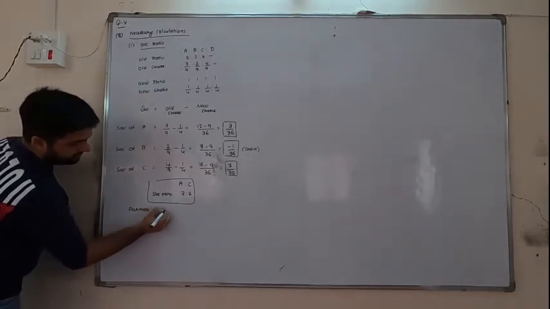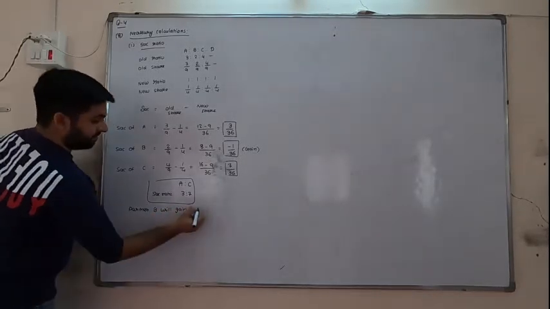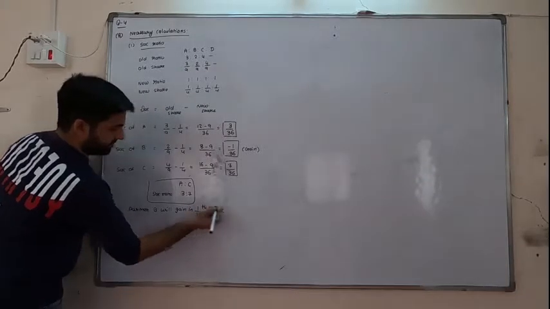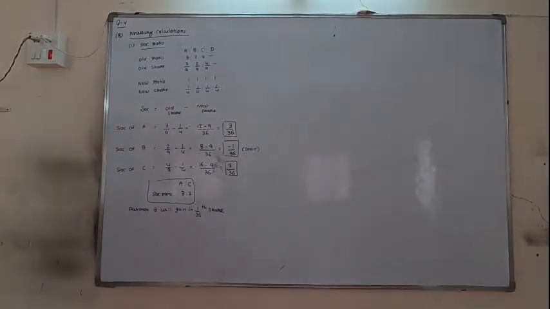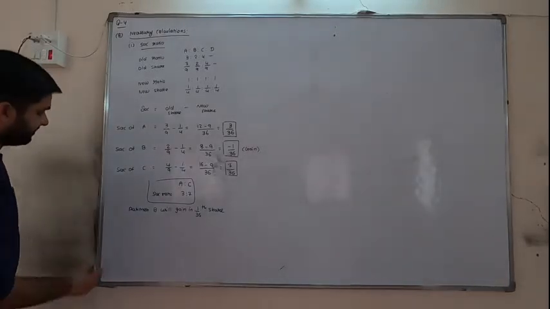Partner B will gain in 1/36th share. Okay, A and C are sacrificing, B will gain in 1/36th share.